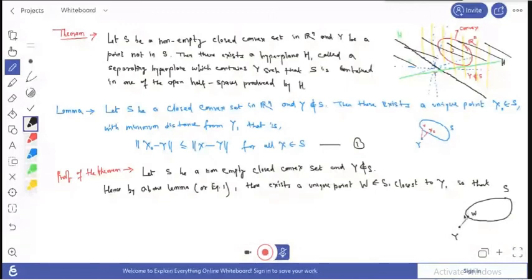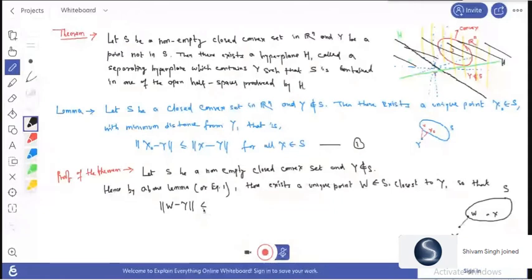If you take any point x which belongs to S, the distance norm of w minus y is less than or equal to norm of x minus y. Equality holds when the arbitrary point x is the same point w, then the two distances are the same.